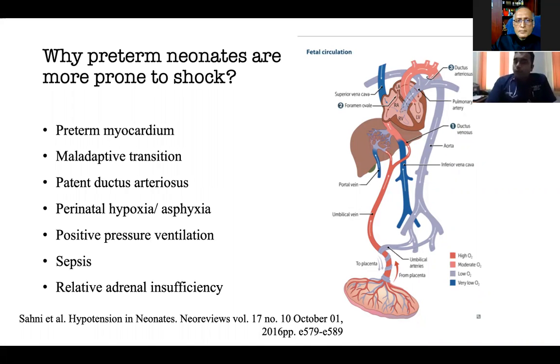Again, a requirement for positive pressure ventilation can lead to decreased preload, which again will lead to shock, and you will understand this more clearly once I discuss the pathophysiology of preload, afterload, and contractility. Next is sepsis as well as relative adrenal insufficiency, which can also make preterms more prone to shock. So these are some of the physiological handicaps that a preterm has, which make it more susceptible to develop shock.